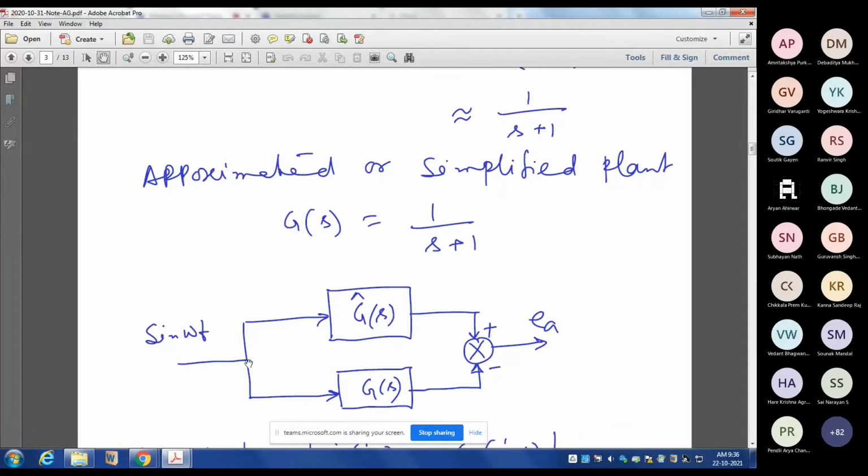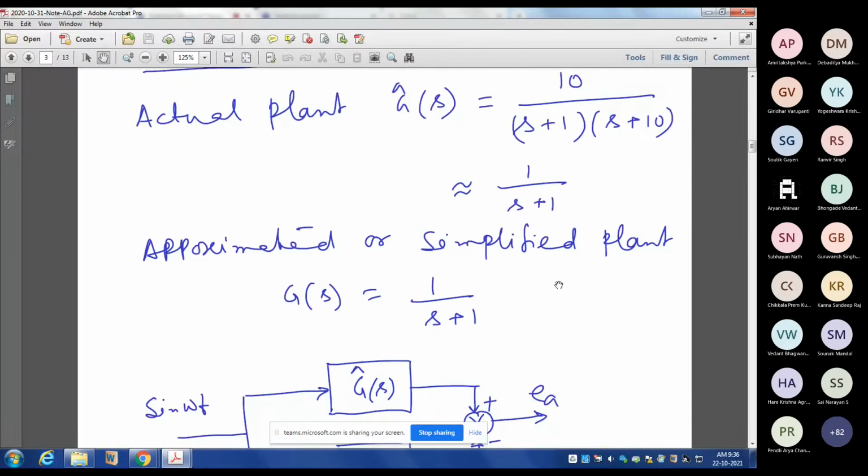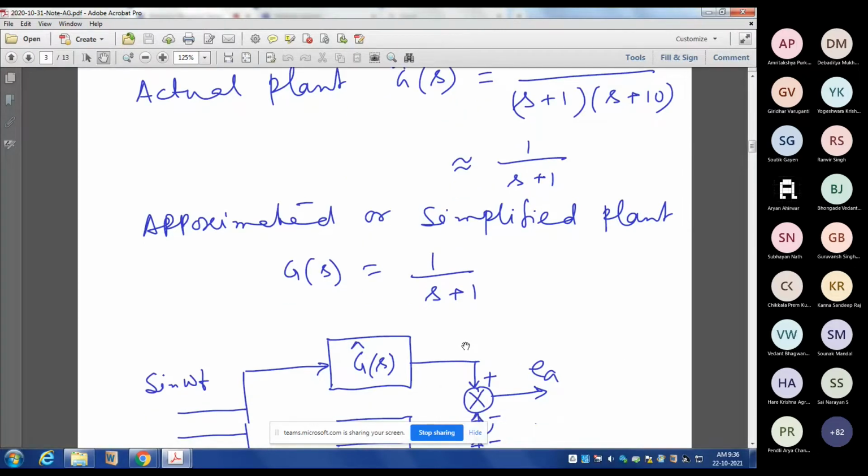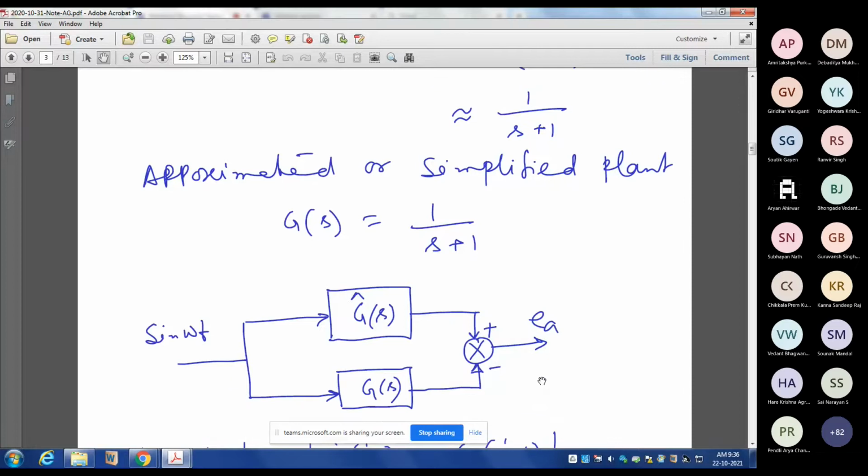Both are stable, so it doesn't matter. If we apply sine omega t, then we will get the error response. The error also will be sinusoidal because both are linear systems.